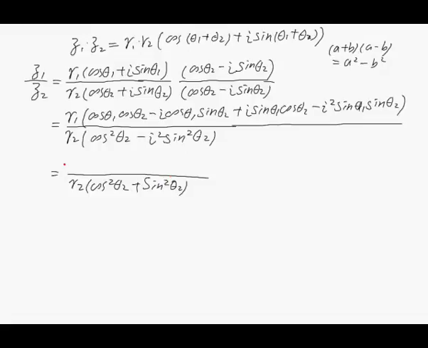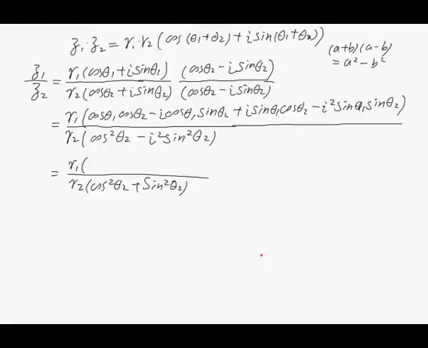Then for the numerator, so we combine this guy with this guy. So i square is equal to negative 1. So negative, negative, you have the positive. So for these two terms, you have cosine theta 1 times cosine theta 2 plus sine theta 1 times sine theta 2.